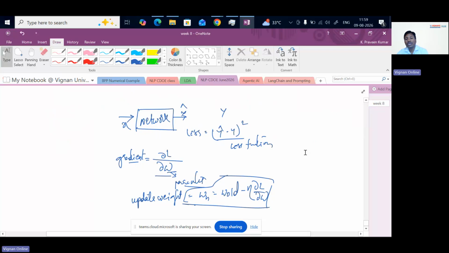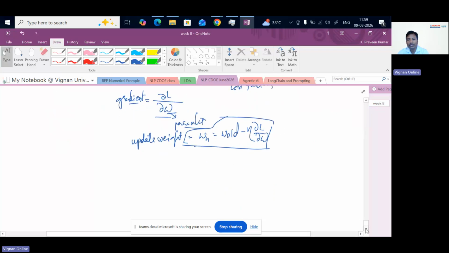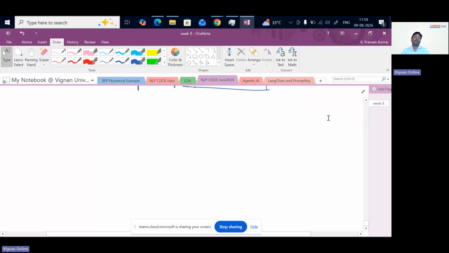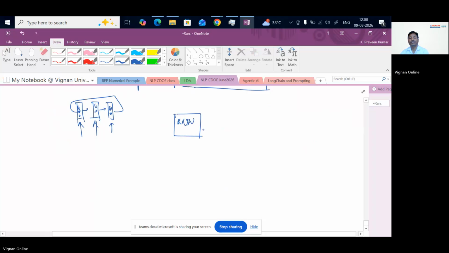This way the weights are going to be understood, trained or adjusted. This RNN, recurrent neural network, whatever weights it has, will be adjusted. So this is going to be a model that understands the positiveness and the negativeness.